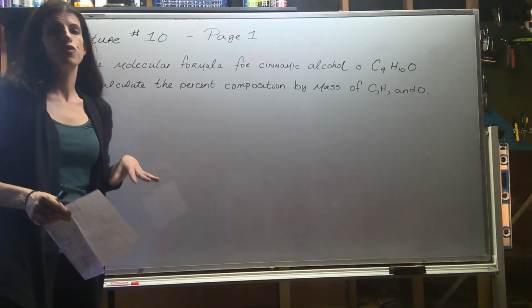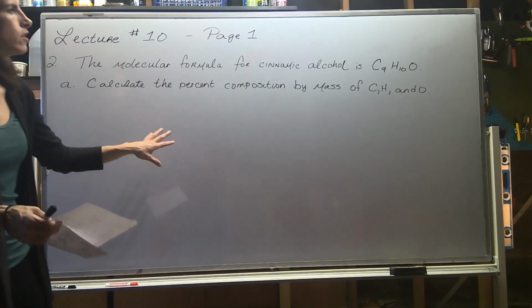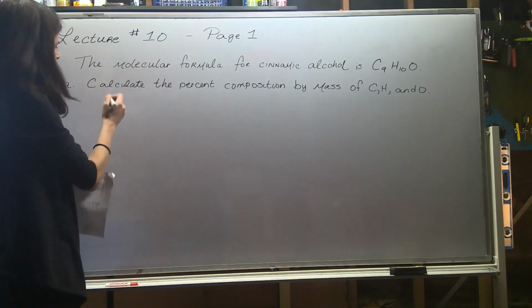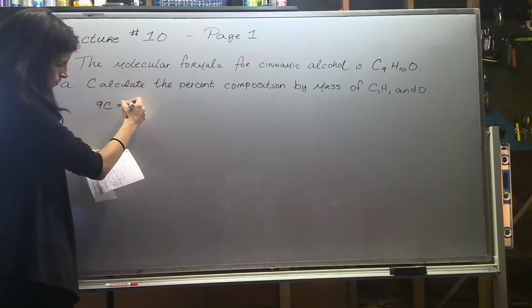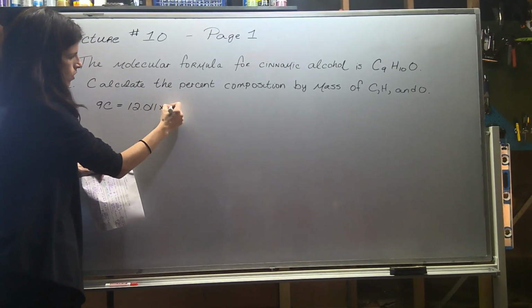This problem is really similar to our previous problem. We need to start by calculating the molar mass of the cinnamonic alcohol. So from the formula, I know that there's 9 carbons. And I'm just grabbing the masses off the periodic table.